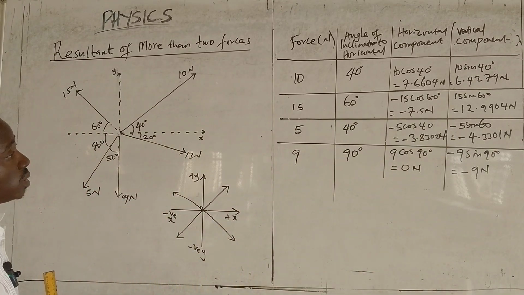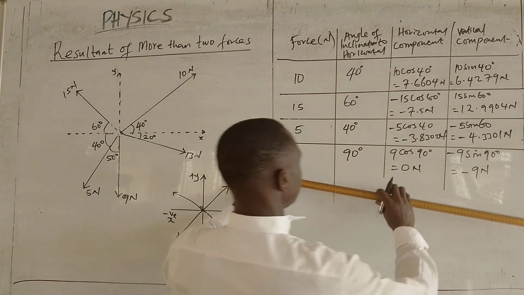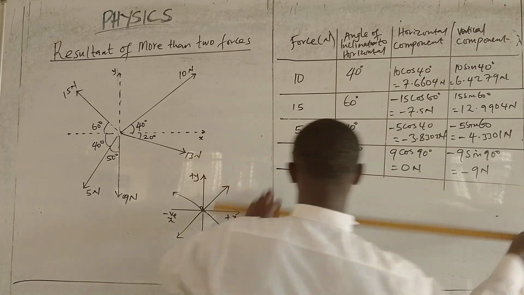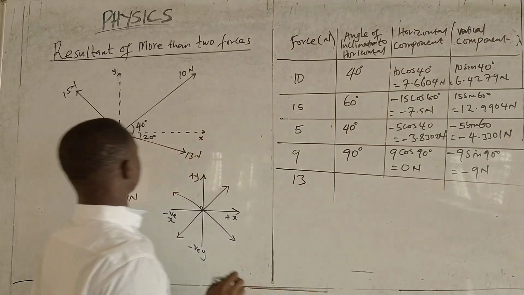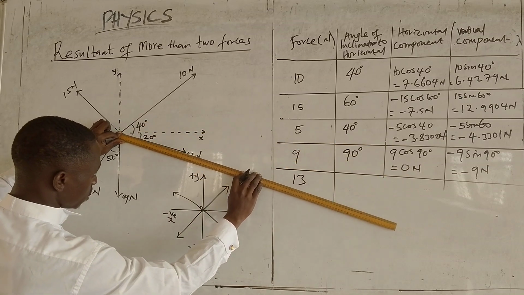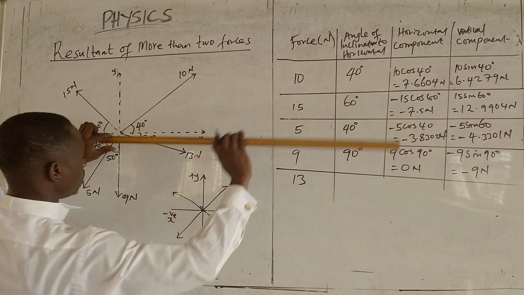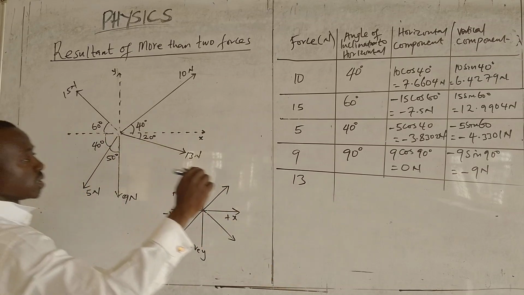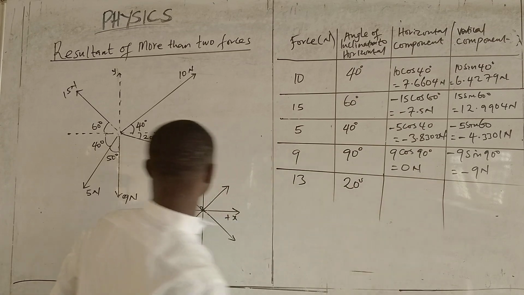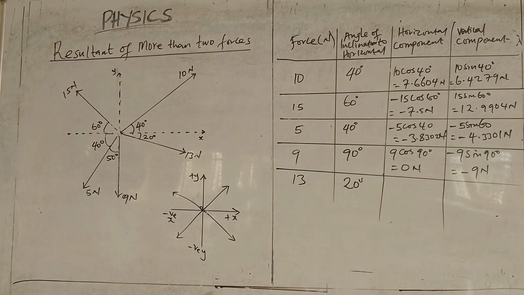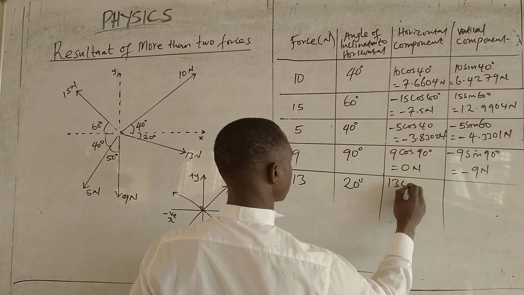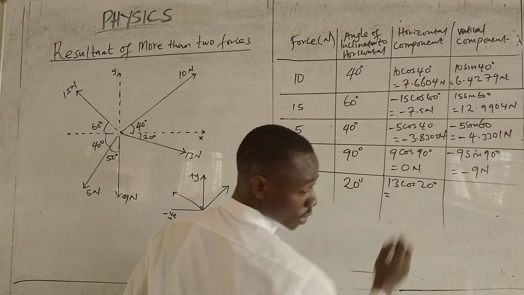The last one, which is 13 Newton. So what's the angle of inclination of this 13 to the horizontal? The angle between this and horizontal is 20 degree. So the horizontal component, is it positive or negative? That's going to be positive. That's 13 cos 20 degree.